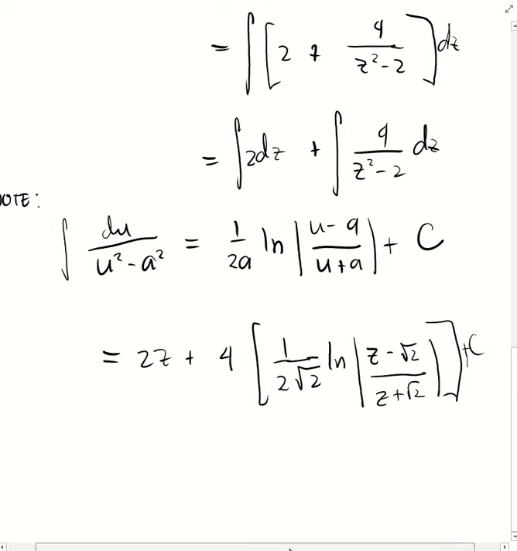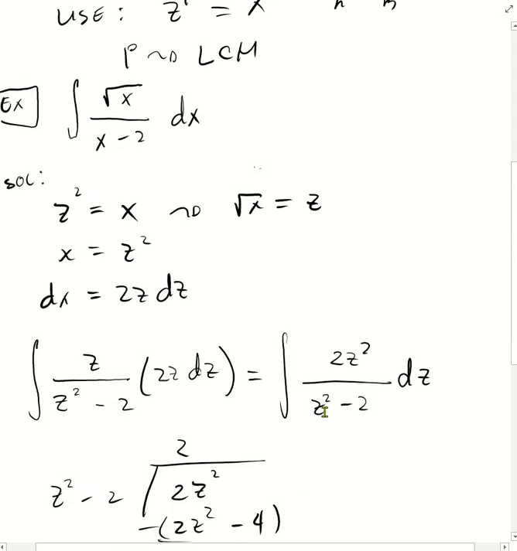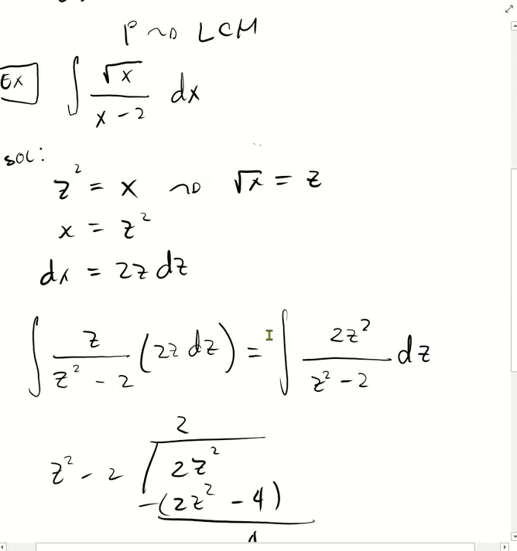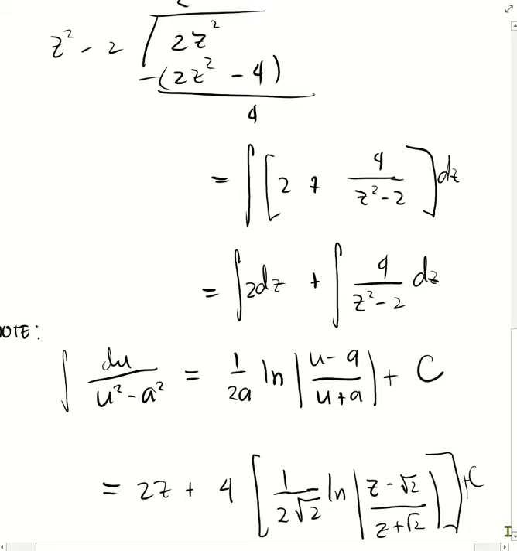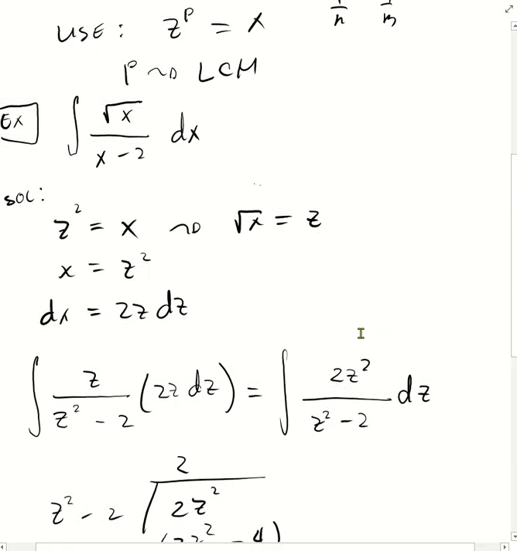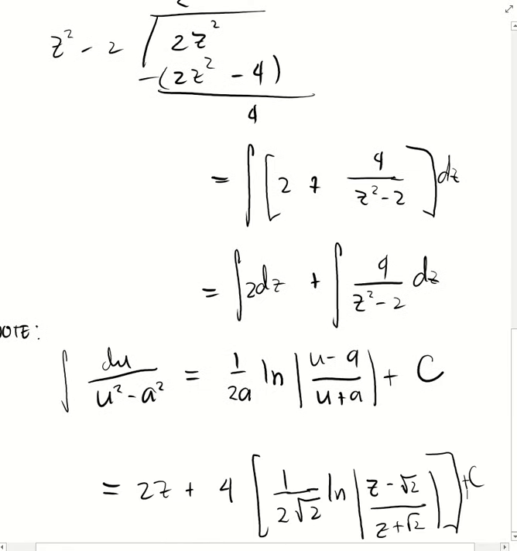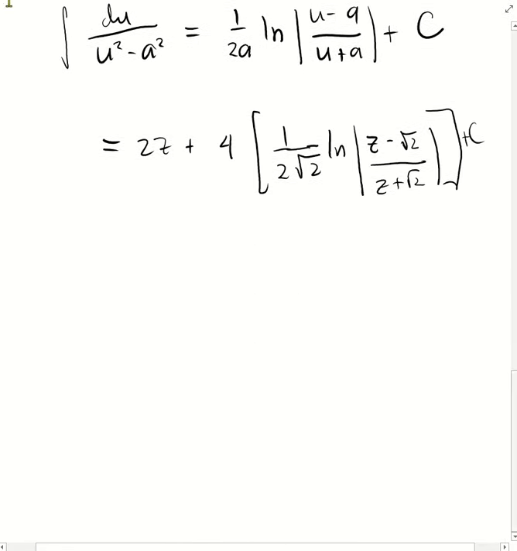Then the integration is over. We still need to go back to the original, where z is equal to the square root of x. So the integral of square root of x over x minus 2 dx is now equal to 2 times z.